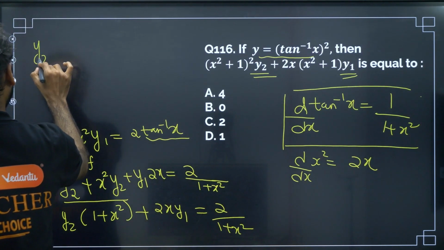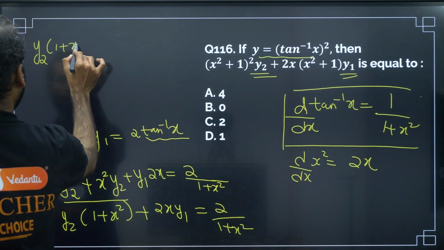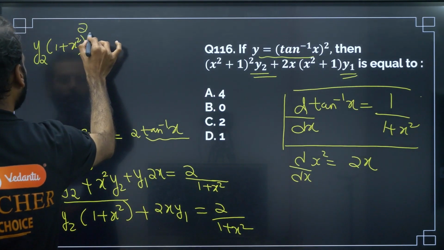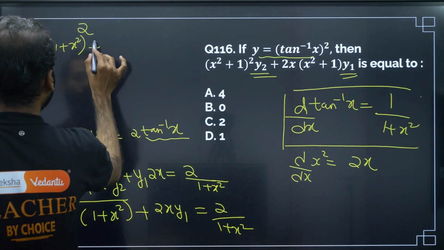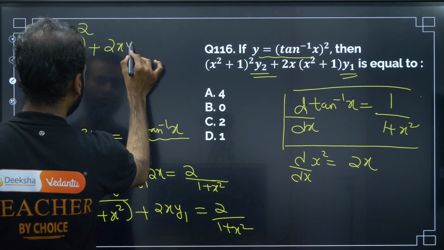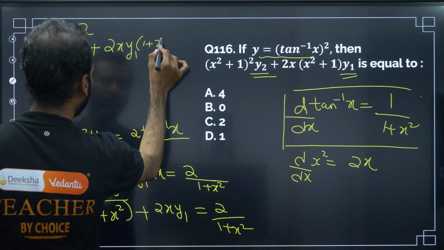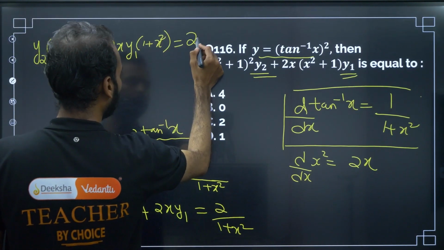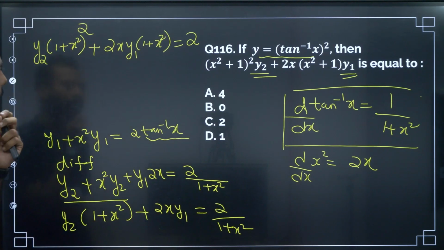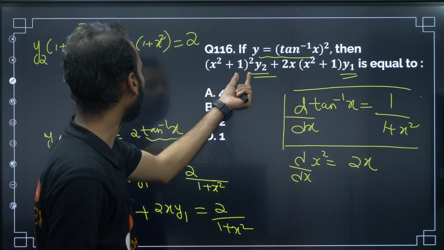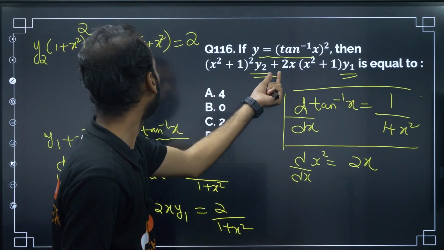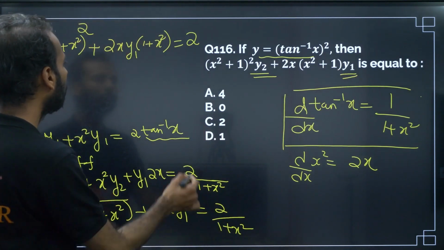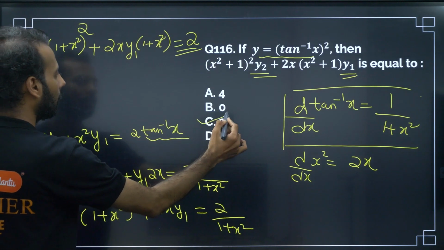So this becomes y2 times 1 plus x square, it is already there, one more 1 plus x square we have transposed, so this becomes 1 plus x square whole square, plus 2x y1 times 1 plus x square is equal to 2. Now you go through the question: x square plus 1 whole square y2 plus 2x times 1 plus x square y1 is equal to 2, is the answer.